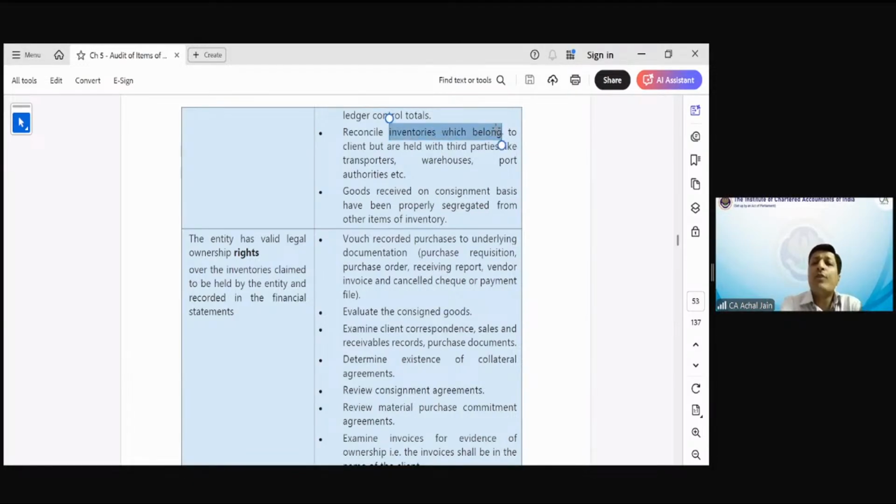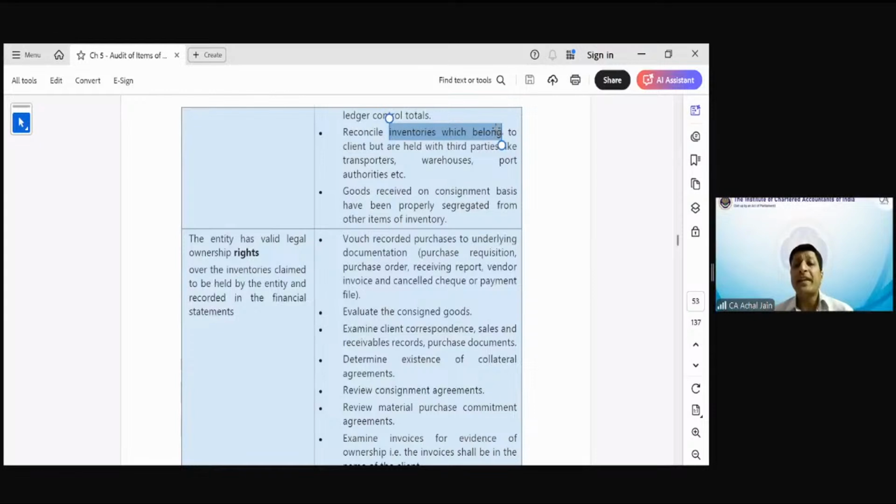For example, a job worker: some material is sent to the job worker, who does some processing and returns it. So at the year end, some material is with the third party and physically not available. That is required to be verified with the third party, number one. And of course, if required, physical verification should also be planned for such items as well.